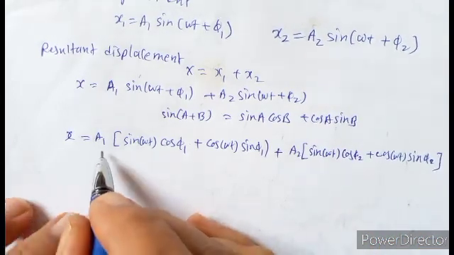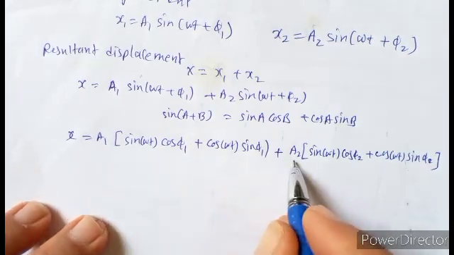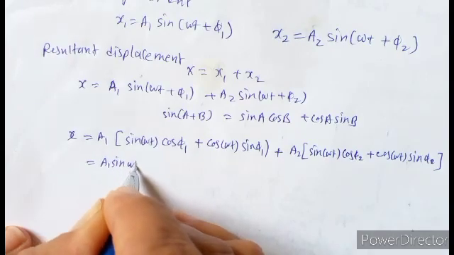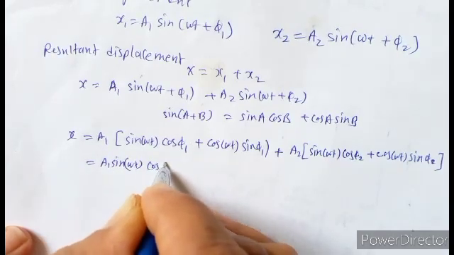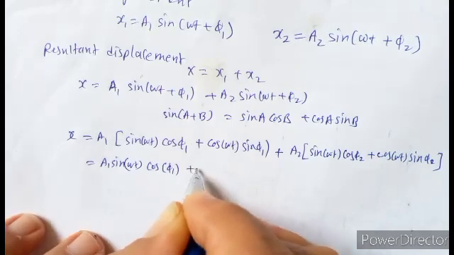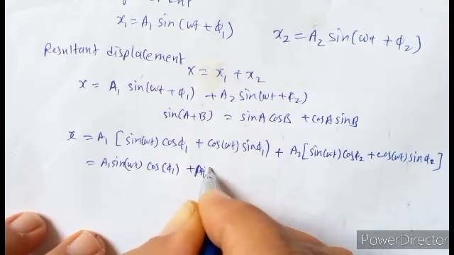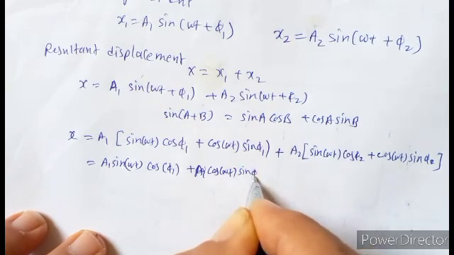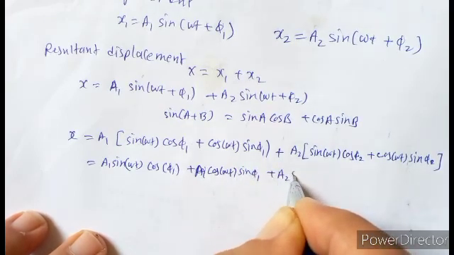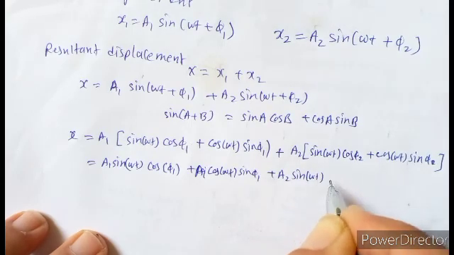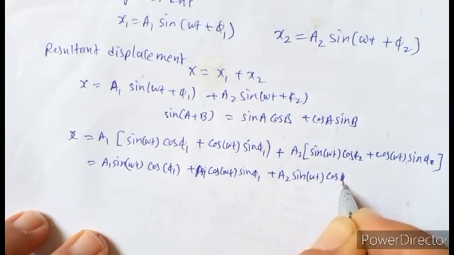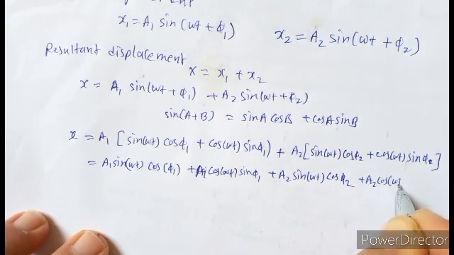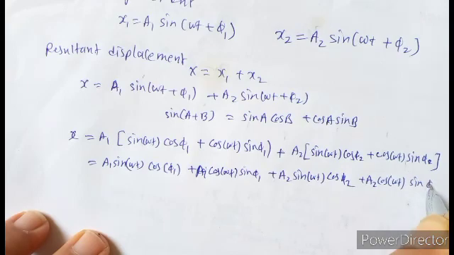Now multiply by a1 and a2 inside the brackets: a1 sin omega t cos phi 1 plus a1 cos omega t sin phi 1 plus a2 sin omega t cos phi 2 plus a2 cos omega t sin phi 2.